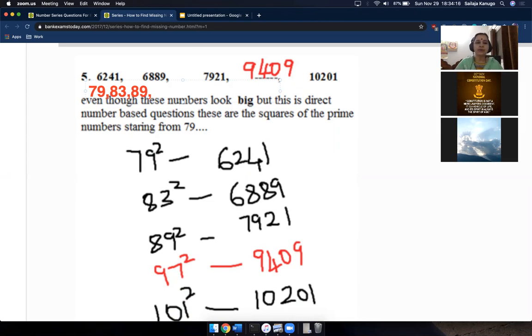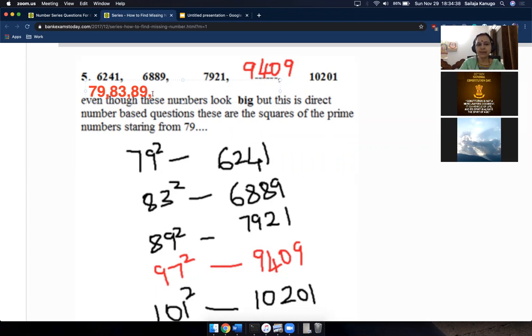We have to find out. The difference between 79 and 83 is 4. 83 and 89 is 6.